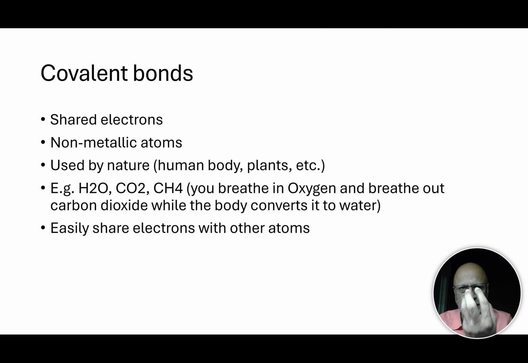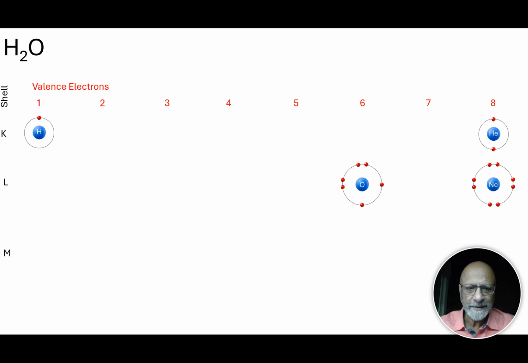CH4 is the simplest form of organic compounds, and then it grows like a chain, but that's how the human body is built. So you breathe in the oxygen, and then you output carbon dioxide, and the body converts it into water. So these transitions happen because these compounds easily share electrons with other atoms in those categories.